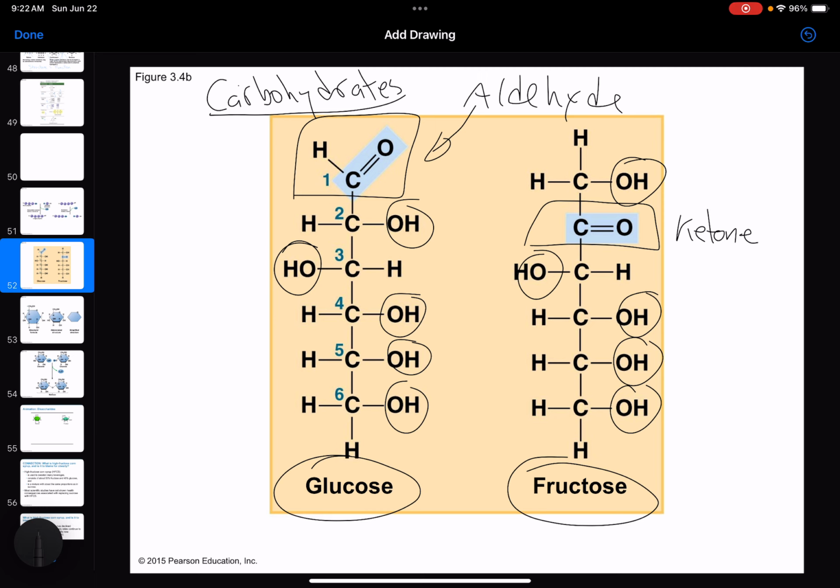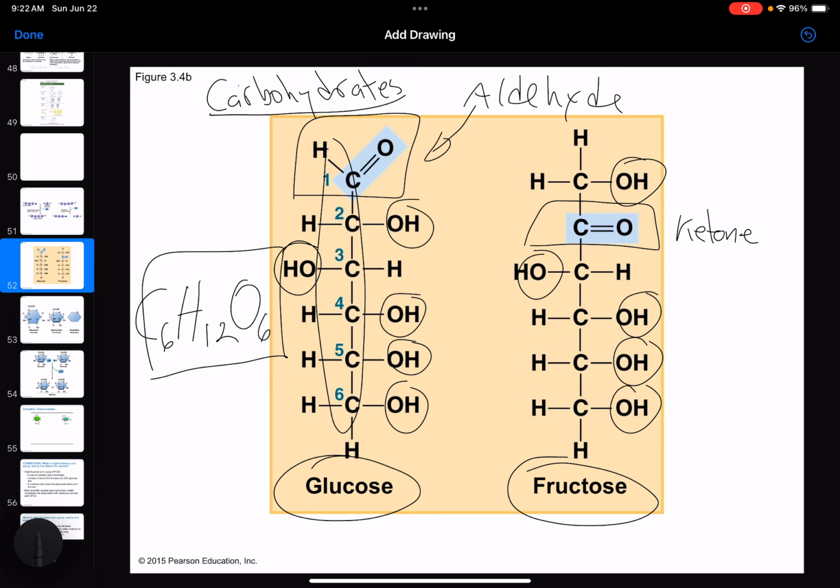Okay, here's something interesting. If you count all the carbons in both glucose and fructose, you will see that they both have 6 carbons. You can see them counted here. If you then look at the number of hydrogens in glucose and fructose, you will find that they both have 12. And if you count the number of oxygens, you'll see that they have 6. Okay, they both have the same chemical formula.